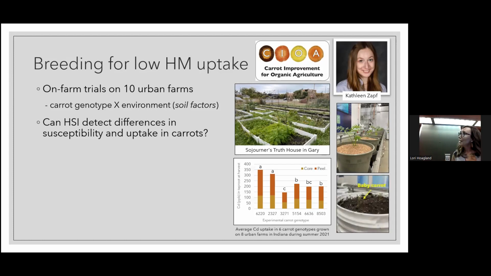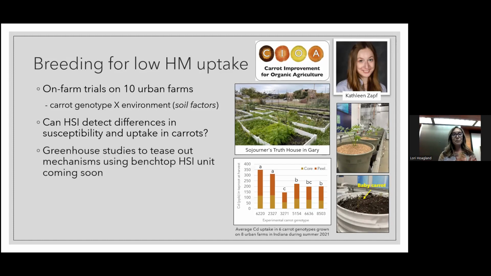And then just on Monday, she planted her first experiment with these genotypes at high and low cadmium concentrations. She'll also be following up with some greenhouse studies to better tease out the mechanisms of soil genotype interactions using this benchtop unit that Young assures me is going to be here soon.